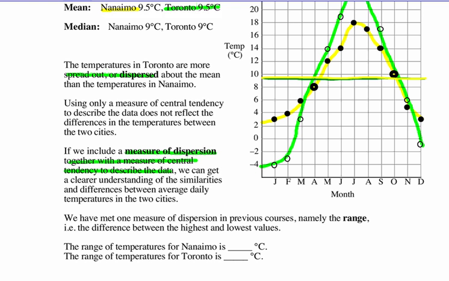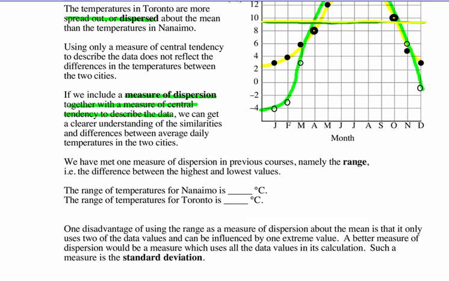So we can not only find the average, but also talk about how close our data is to the average. Although they have the same averages, they're totally different pieces of data, right? And you can see that. So the mean is not everything. We also want to talk about how spread out our data is.